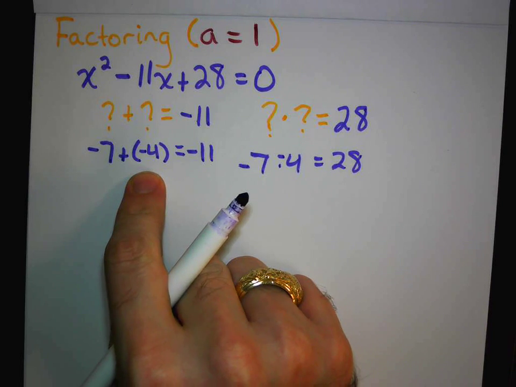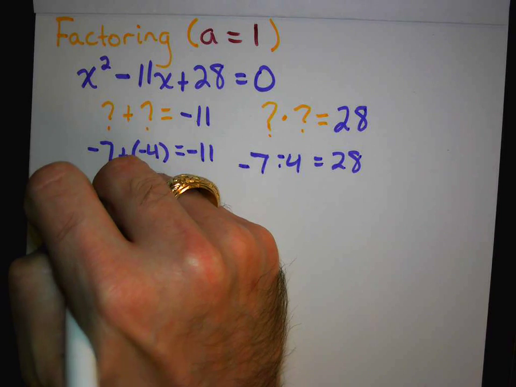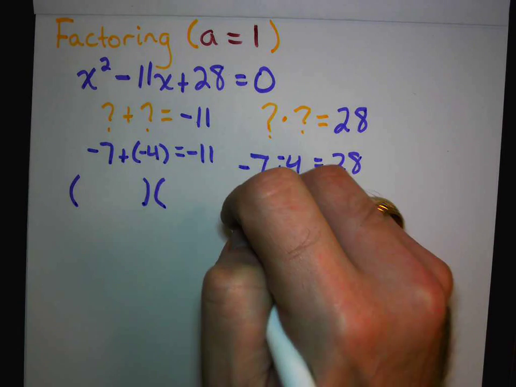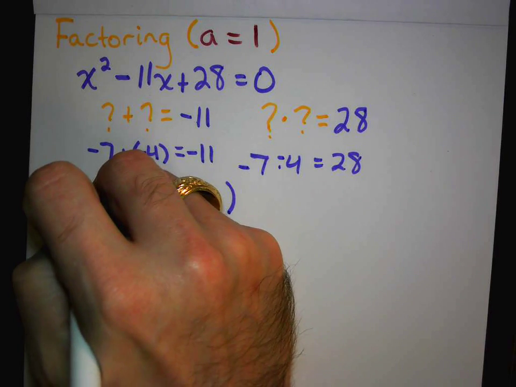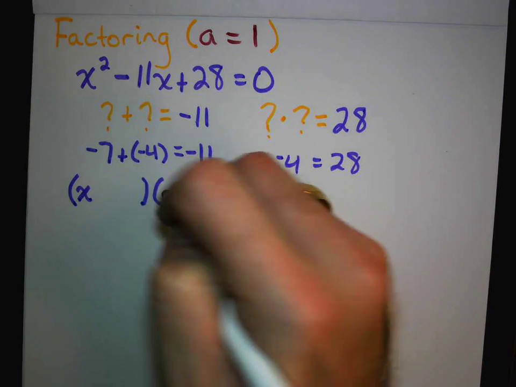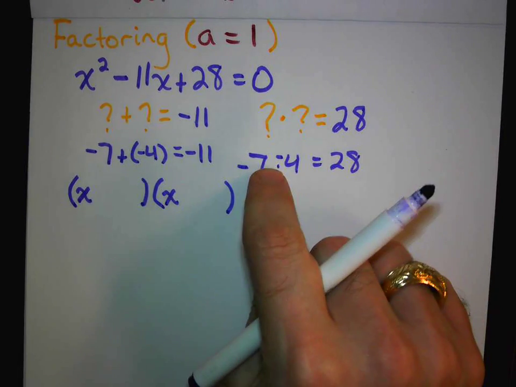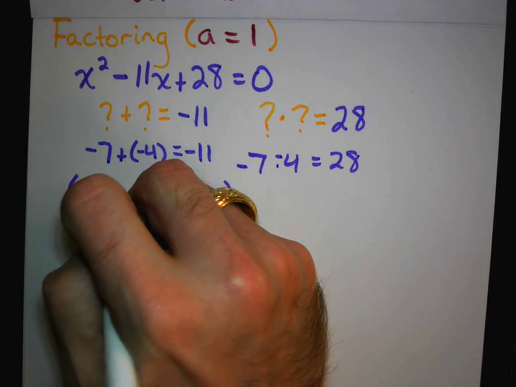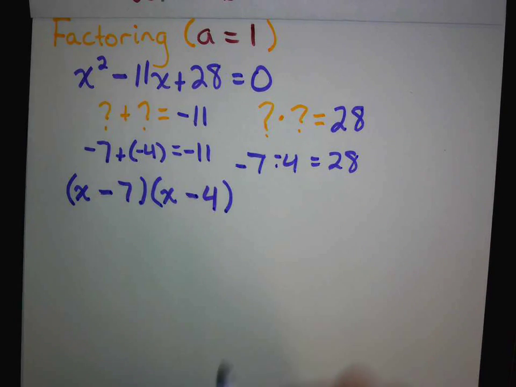And at this point, I'm ready to do the work of factoring, which means that I write two parentheses, and I put an x in each because x times x is x squared. Then I take these two numbers that I just found, and this must be minus 7, and this must be minus 4, and that still equals 0.